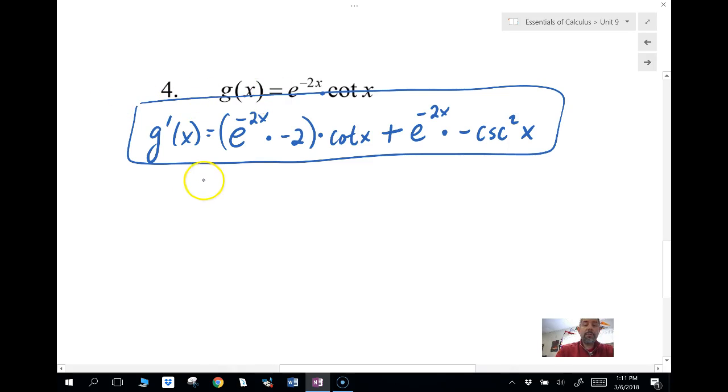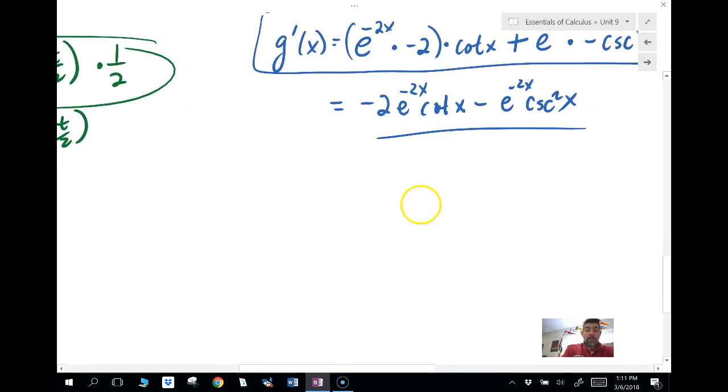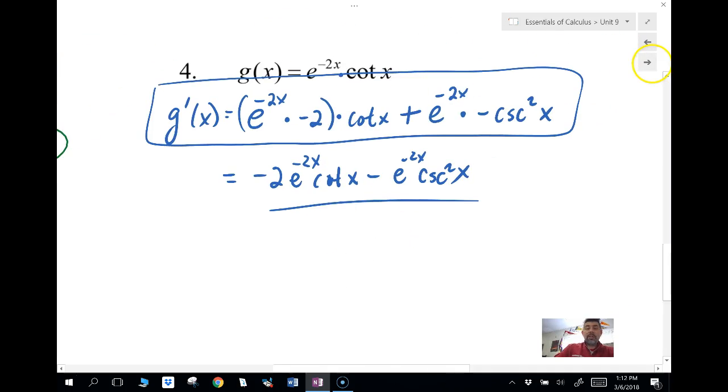If you want to simplify it, some of you are going like, I need to simplify: negative e to the negative 2x cotangent x minus e to the negative 2x times cosecant squared x. All right, that's fine too. Okay, so there are a couple examples. Let's take a look at some more.